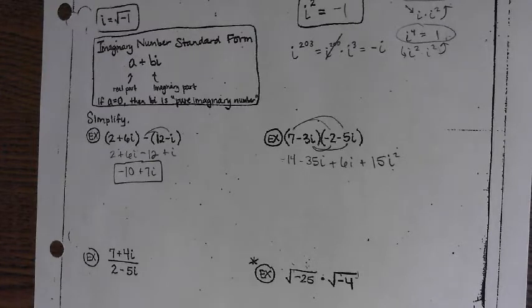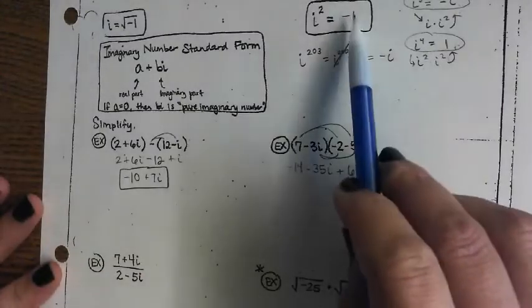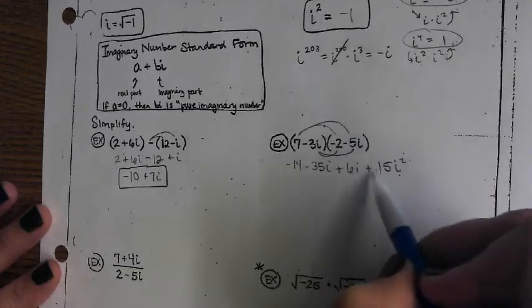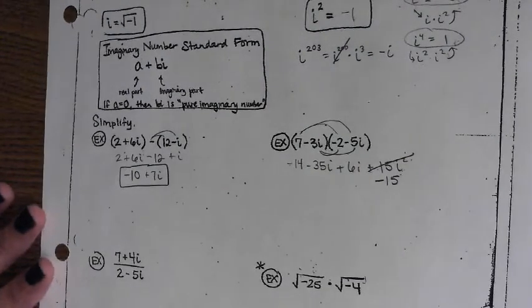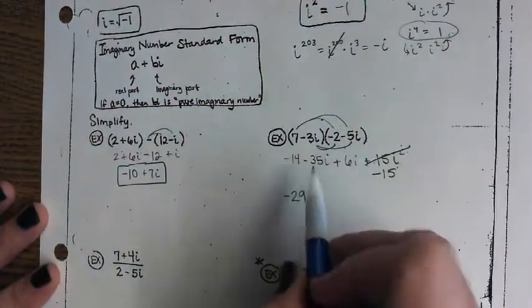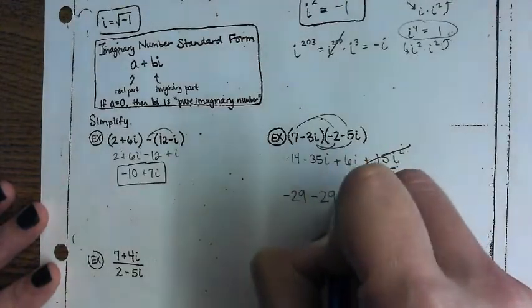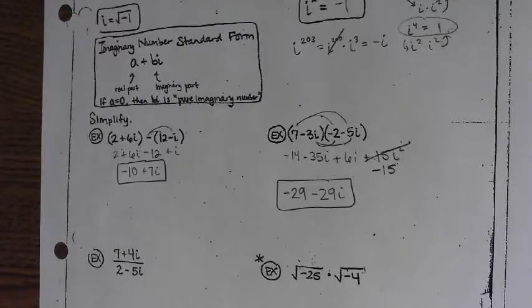So you should simplify your i squared down to negative 1. A positive 15i squared is going to change to negative 15 as a constant. So negative 14 minus 15 is negative 29. Negative 35i plus 6i is negative 29i. Don't factor out the negative 29 because the instructions were to simplify. They were not to factor. Those are two opposite things.